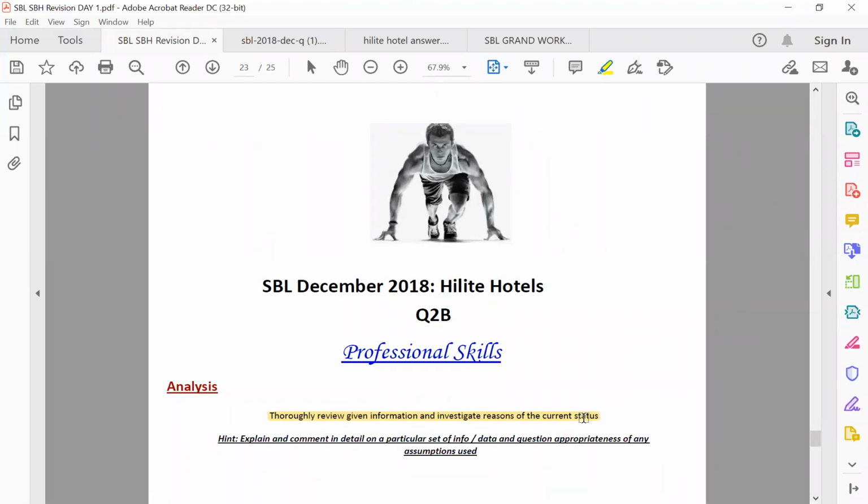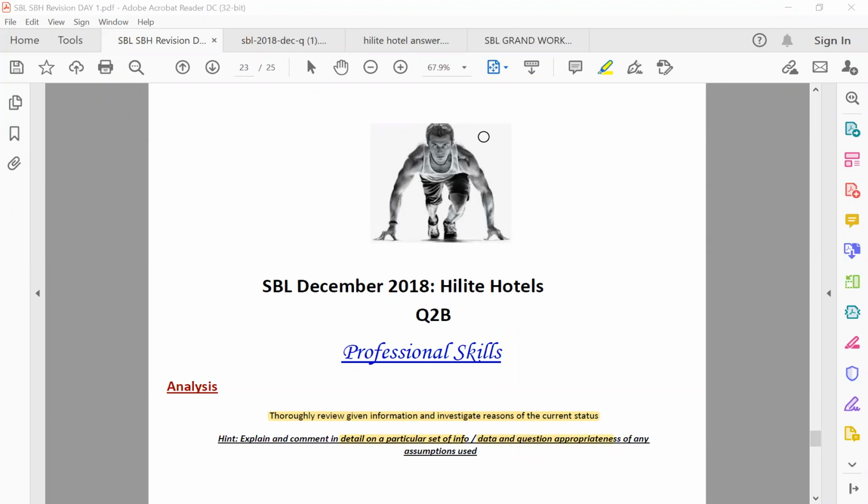The hint is to explain and comment in detail on a particular set of information, data, and question the appropriateness of any assumption used. You need to explain in detail why there is a particular issue being faced by the company, and what different types of data the company is gathering.